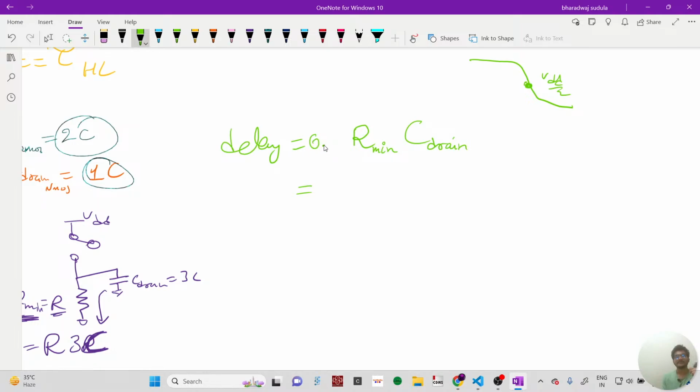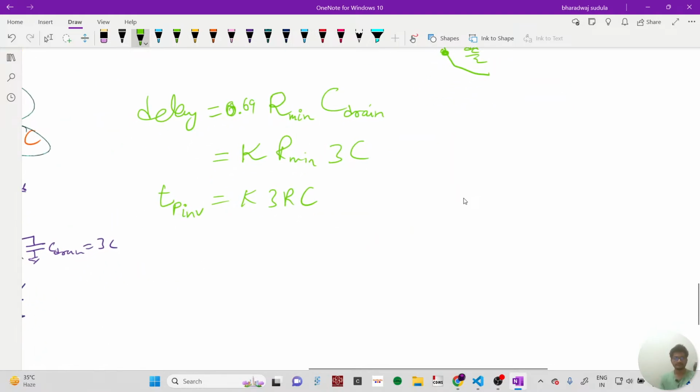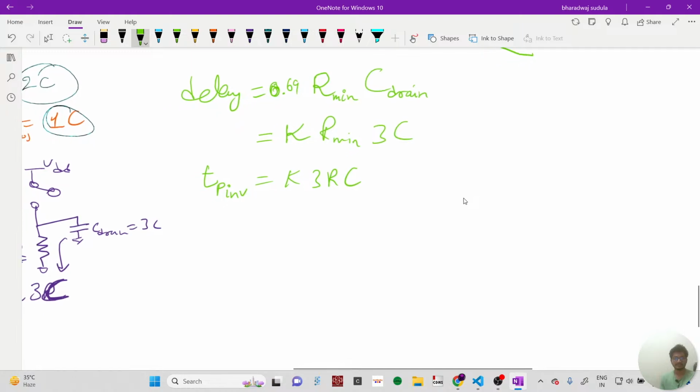So we multiply by 0.69, which from now on we consider as the constant K. Rmin times C drain, which is 3C, gives K times 3RC. From now on we'll consider this as tP, the propagation delay of the inverter. So this is the inverter's delay.